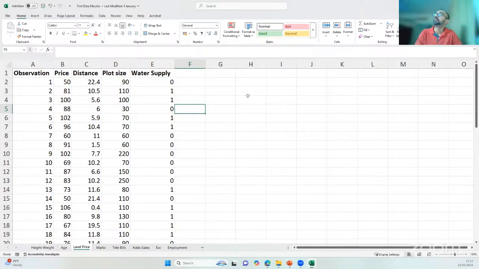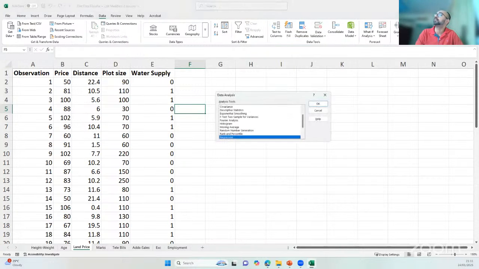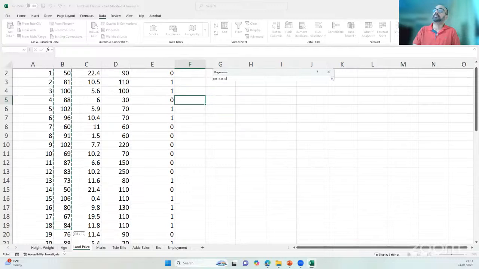To do that, we can use our data analysis tool. So we go to Data, then Data Analysis, Regression. Now here I have to replace these ranges. One thing is that we have to give the y range as a single range, so I give this range here.